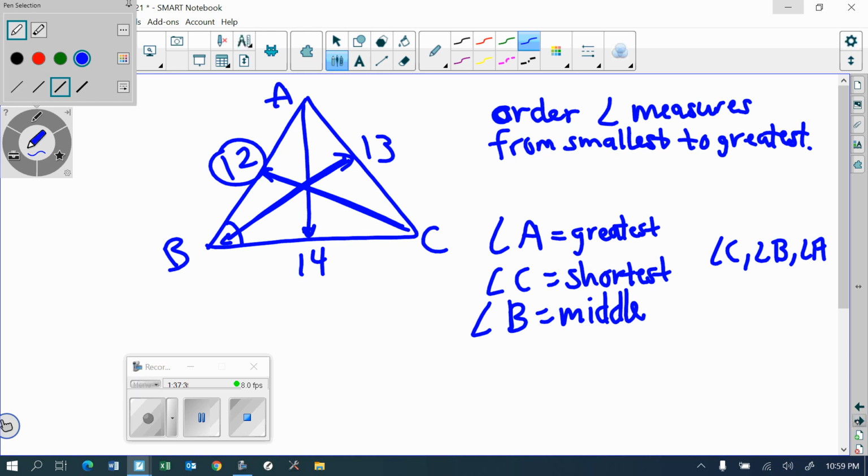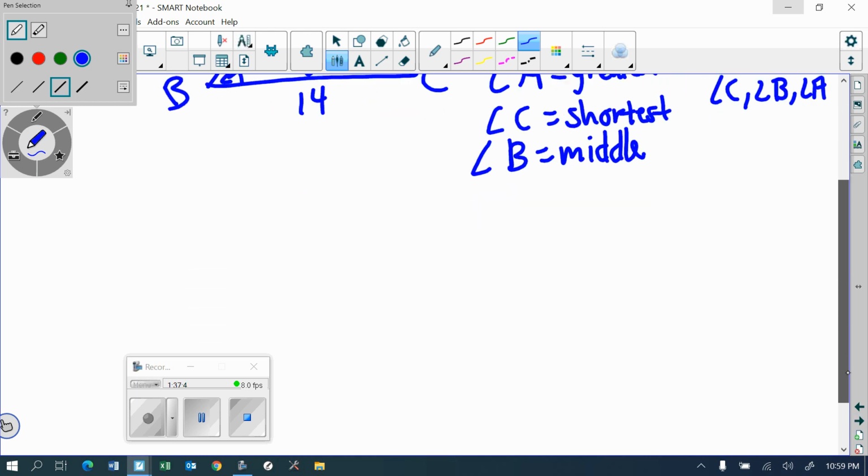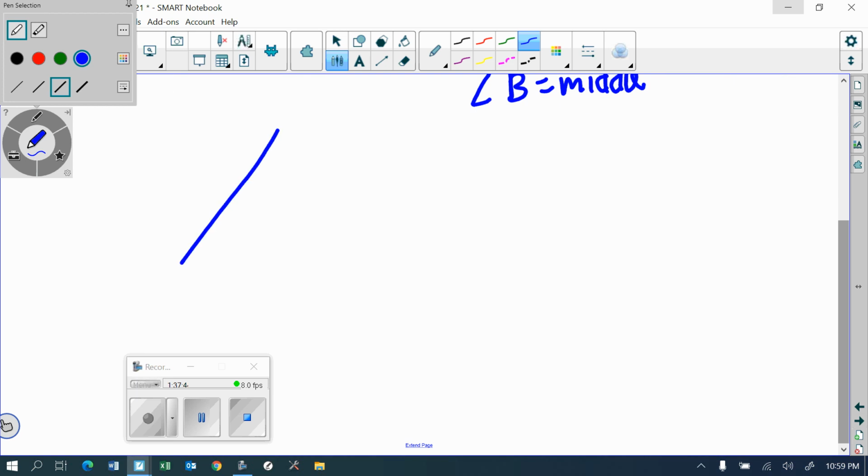Now, to go along with that, I could go backwards if they were giving me the angle measures instead of the side lengths. Say the angles are 70, 65, and 45, which add up to 180, and we call them C, B, A. This angle 70 is the largest.